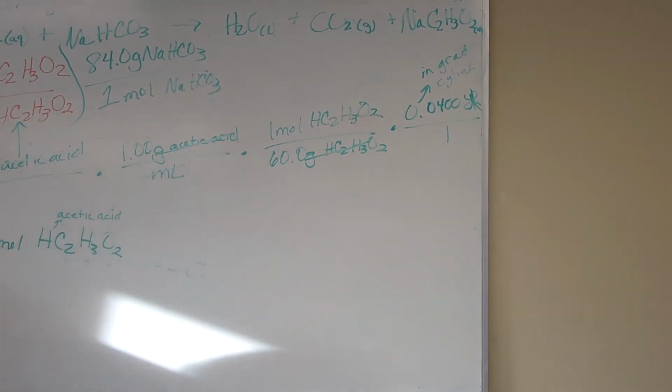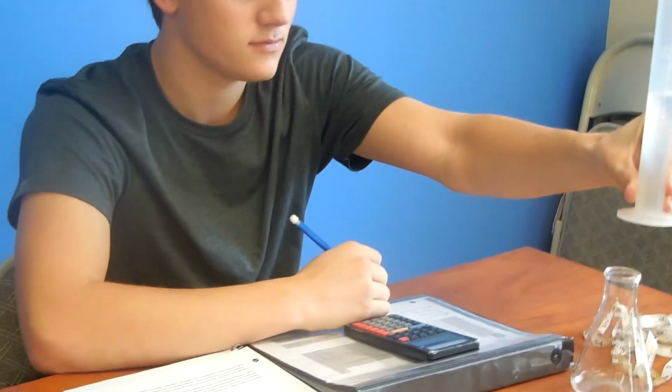So, what does this mean? This 0.033 moles of acetic acid. Why is that number important to us? Why do we care about that? Because it's the same amount as in 40 milliliters. Perfect. Now hold up that 40 milliliters. Here's Saul with 0.033 moles of acetic acid in his graduated cylinder.